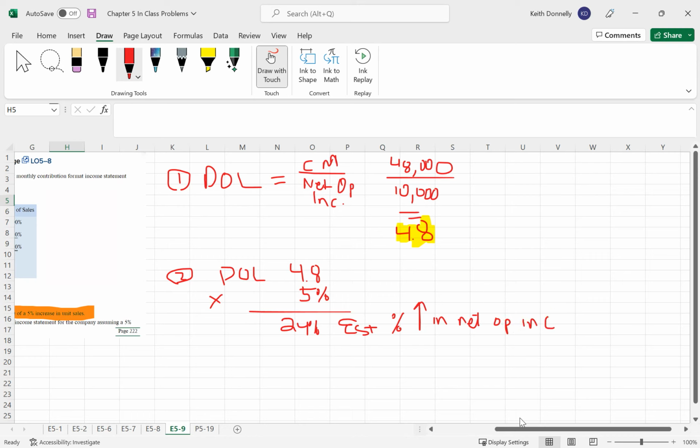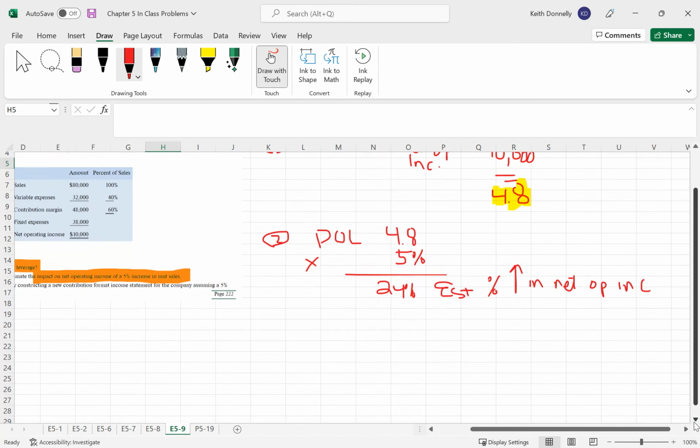So basically we're just evaluating the sensitivity: if you increase sales by a percentage, how much will you in turn increase your net operating income? In this way, we have to utilize that degree of operating leverage.